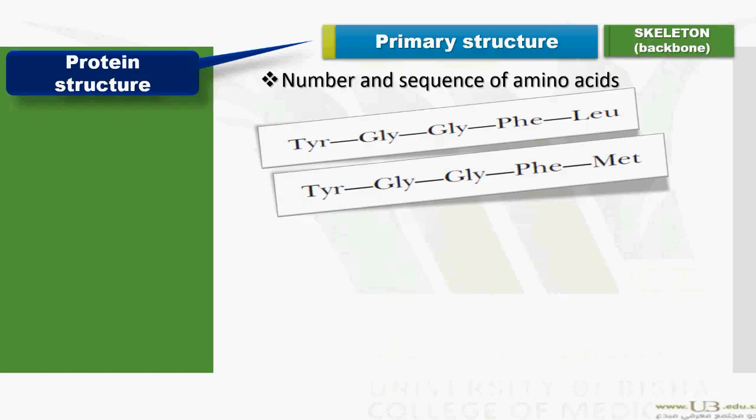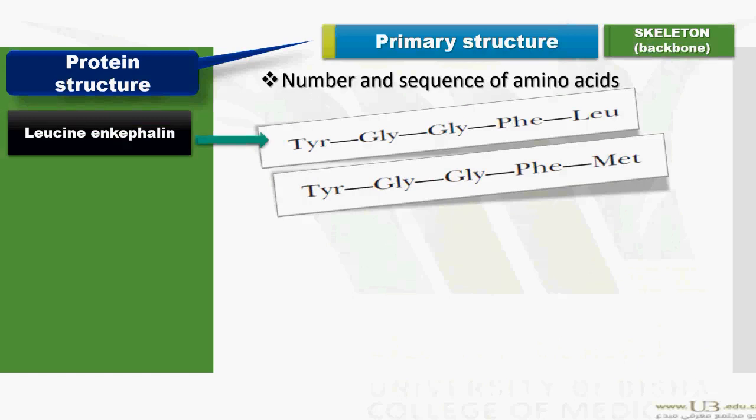This is a polypeptide chain of 5 amino acids, and again this is another polypeptide chain of 5 amino acids. The bond between each of these amino acids is a peptide bond, as you know, and the only difference between these two is the last amino acid, where you have leucine in the first polypeptide chain and methionine in the second.